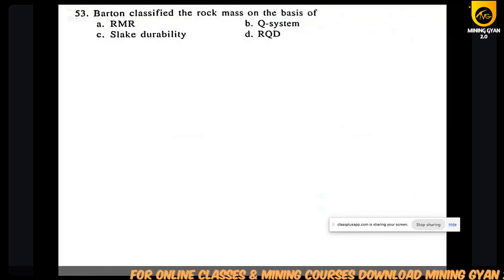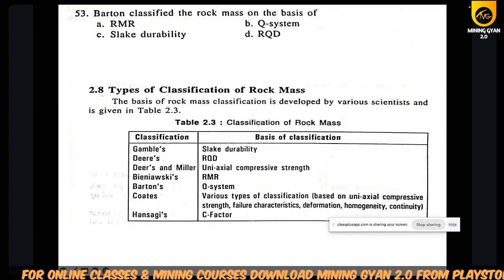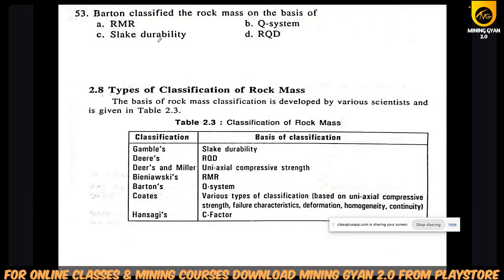Barton classified the rock mass on the basis of... We have seen Barton classified the Q system. Whenever you see these questions, you will have to see Barton Q system. So Barton Q system is your answer, but you should not stop here. You have to see the other options also. RMR. We have seen RMR. Bieniawski.